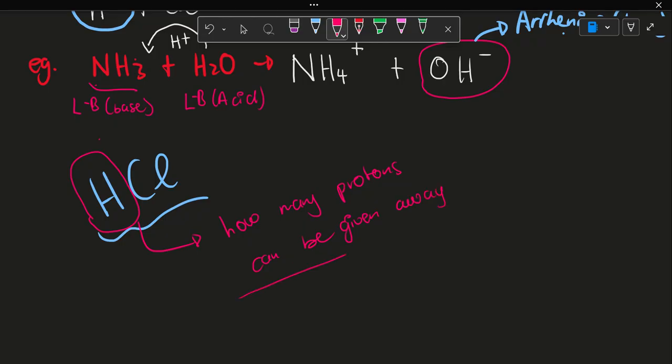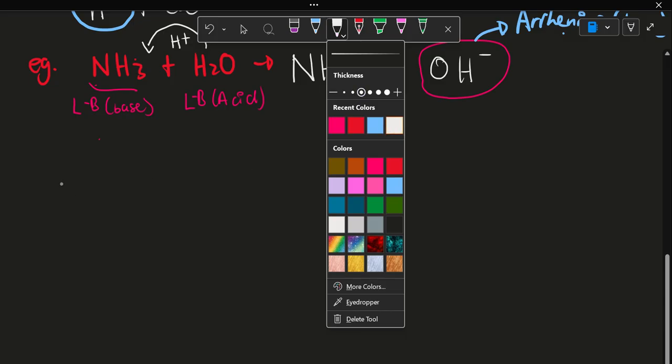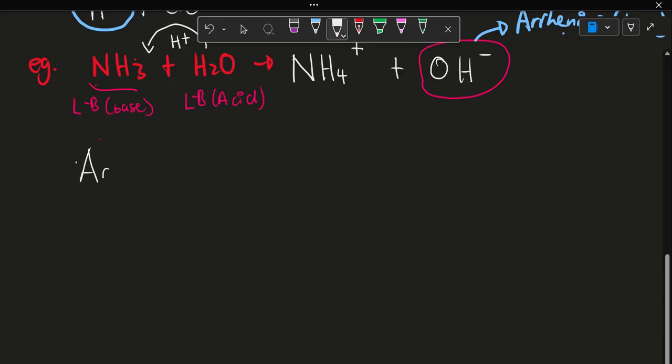Remember, an acid gives away protons. How many H plus, how many protons can be given away? What tells you about that? The number of hydrogen atoms. So that's when you introduce something called acid proticity. So what is acid proticity?